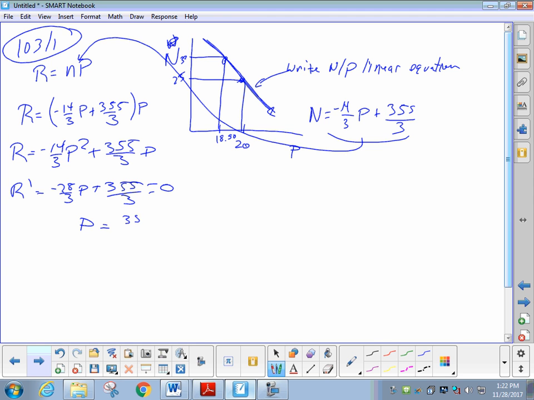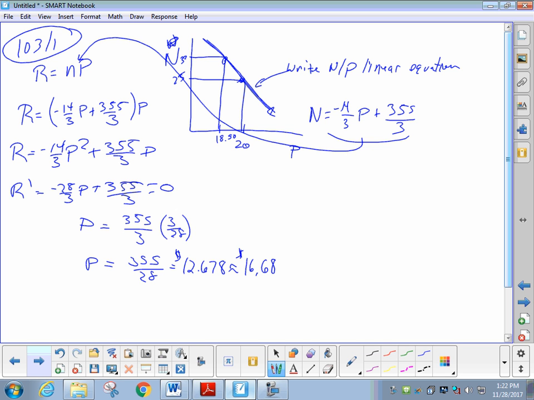P then is 355 thirds times 3/28, or the best price is 355/28. You with me so far? Yeah. Okay. Now here's where the problem is. 355/28 is $12.678, so $12.68.